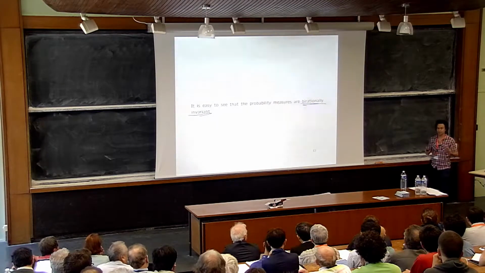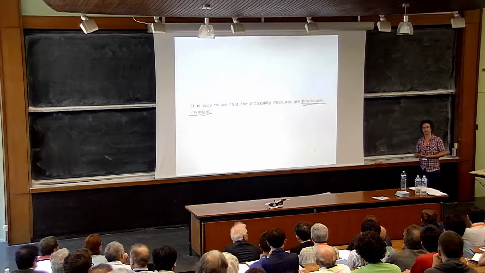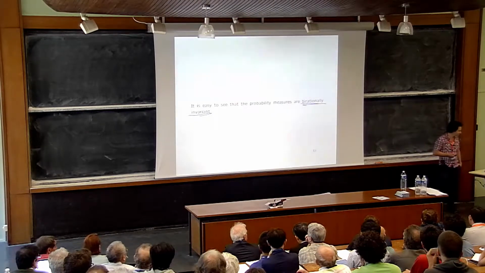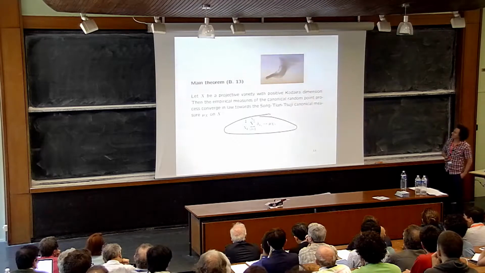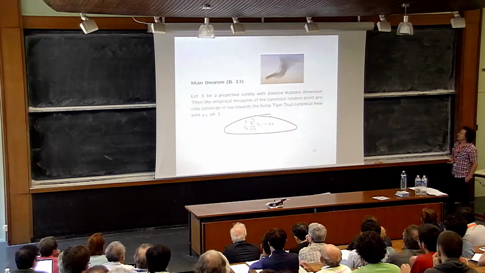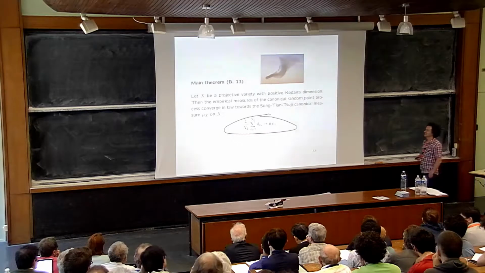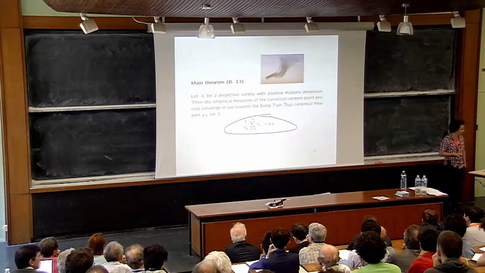And the question is, if we do this, do we see anything emerging? That would be a canonical emergent object, like this bird flock. OK, here's the bird flock again. It's the only picture. So the theorem is that if X is a projective variety with positive Kodaira dimension, then indeed the empirical measures of the canonical random point process converge. So what's that?